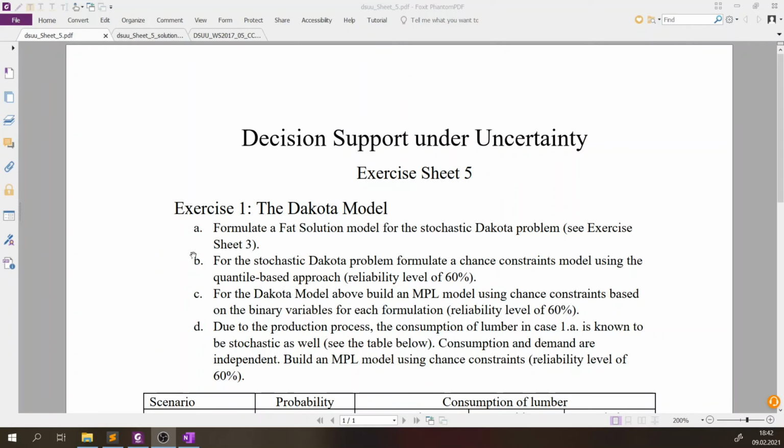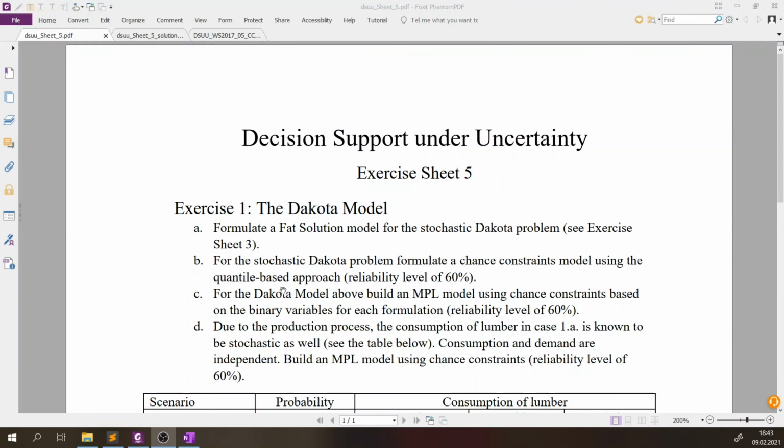In the next two sub exercises, bullet points, we want to create models that guarantee that the model is feasible in 60% of the cases. In other words, we want to build a model that guarantees that the constraints of the scenarios with the total probability of 60% are guaranteed to be feasible. There are two ways to do it: the so-called quantile-based approach, and the approach with binary variables.